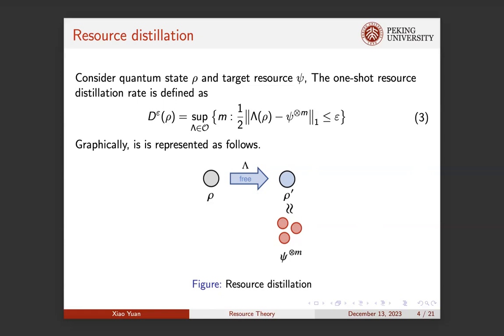The single-shot distillation rate is defined by the maximum number of target resources we could obtain. So graphically, we apply a free operation to rho, so that the output state is an approximation of m copies of the target state.